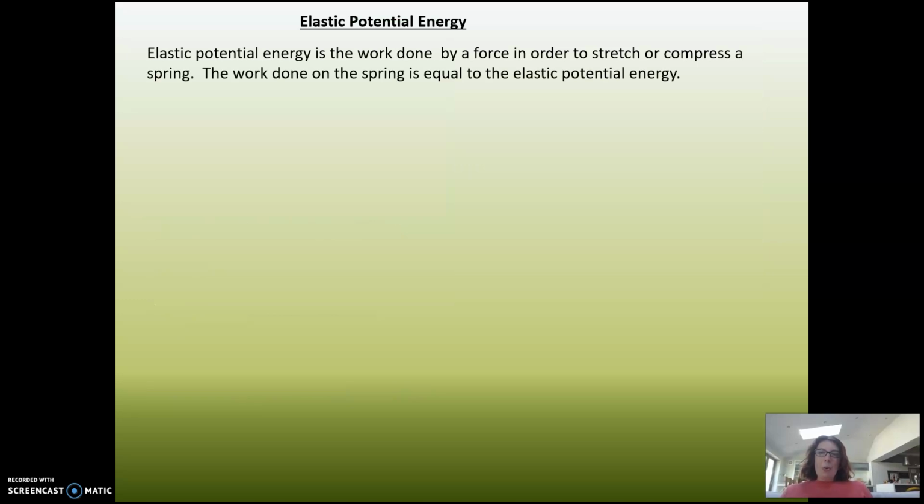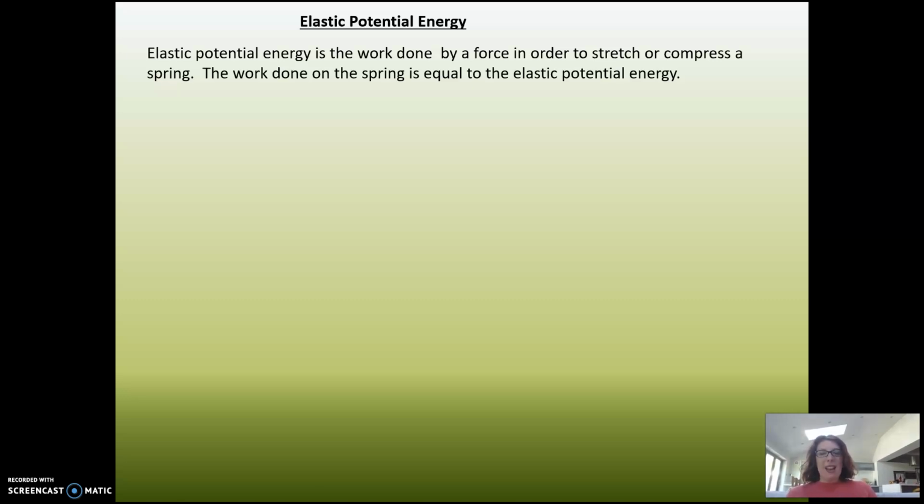We can also work out how much energy is stored in the spring, because when you pull or stretch a spring, you do work on it, you make it move. And so that energy is stored. If you wanted to then release that energy, you'd let the spring go. We call that type of energy that's stored in springs and elastic materials elastic potential energy, and we define it as the work done by a force to stretch or compress a spring.